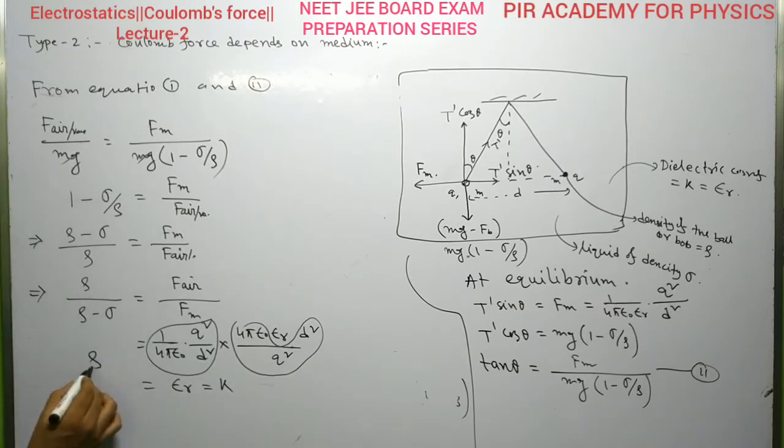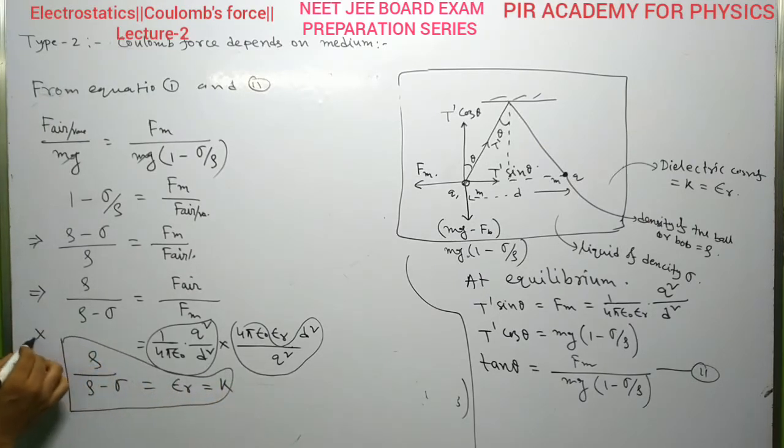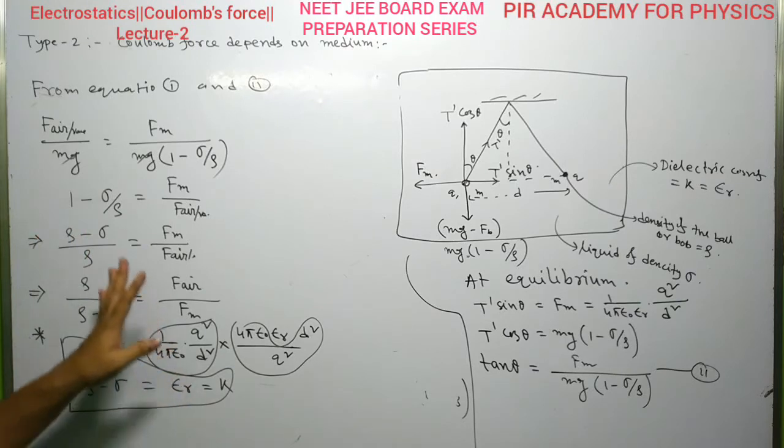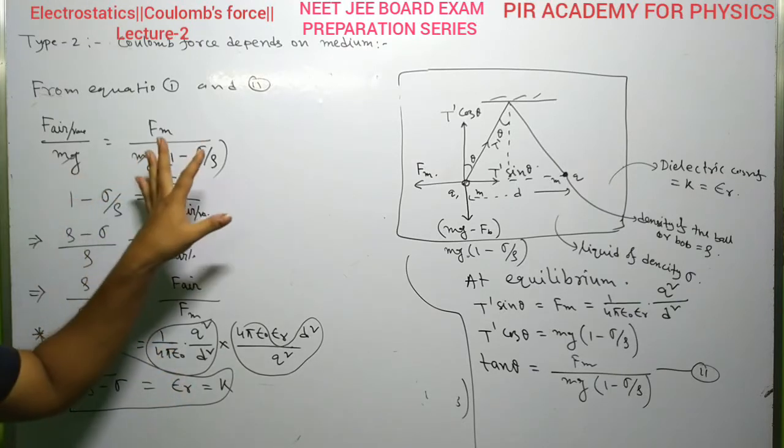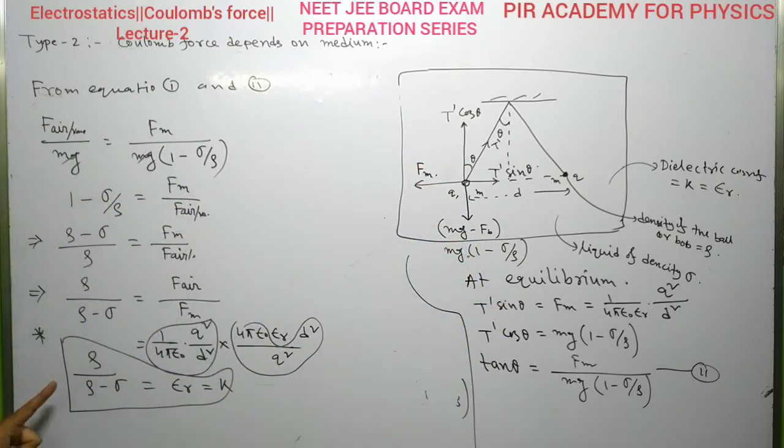So here it is rho by rho minus sigma. You have to note this formula. When you solve in NEET or JEE, you cannot do all this process; you have to remember this formula.